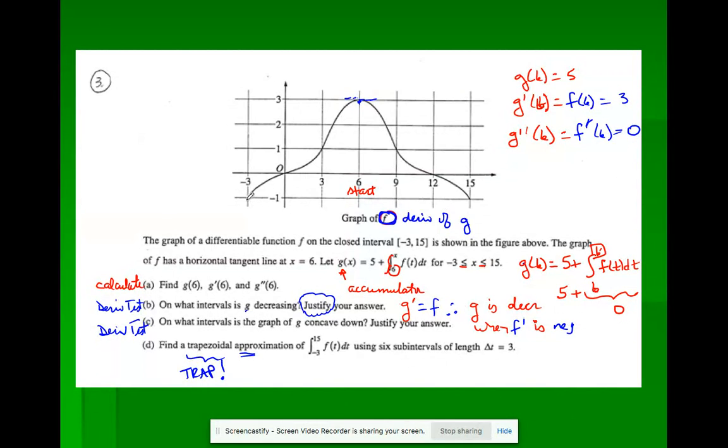Negative. There, right here. Done and done.